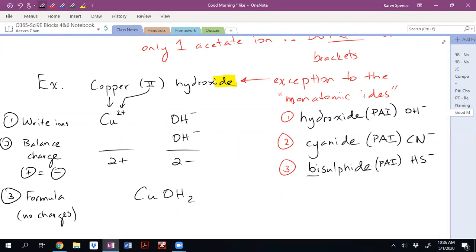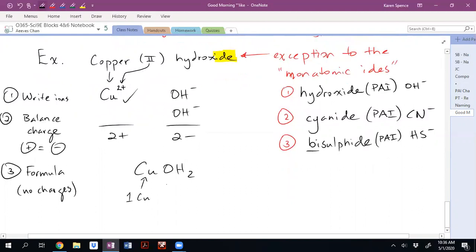Because that formula, the way I've written it, means I have one Cu, which is true, right? I've got one Cu. It says I have one oxygen because there's nothing written beside the oxygen. One oxygen. But uh-oh, up here I can see I have two oxygen.